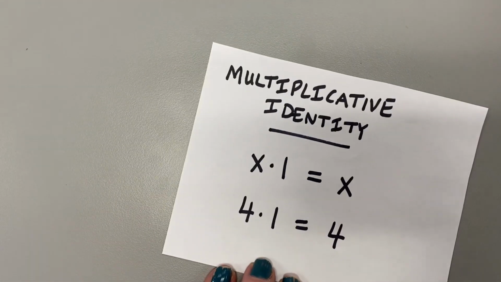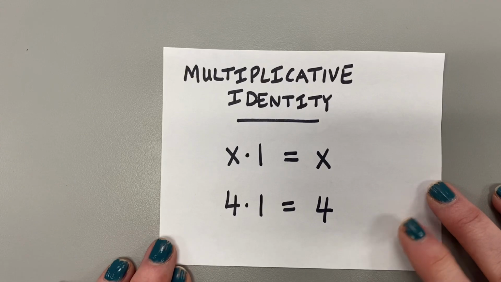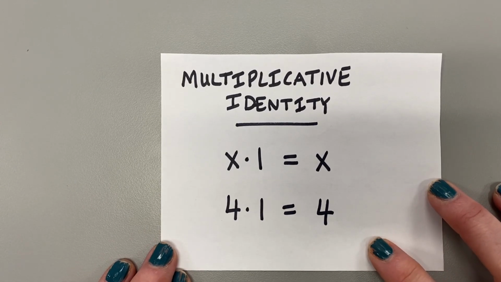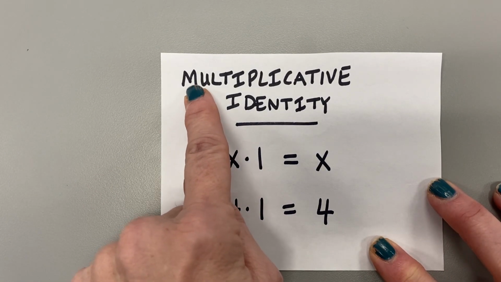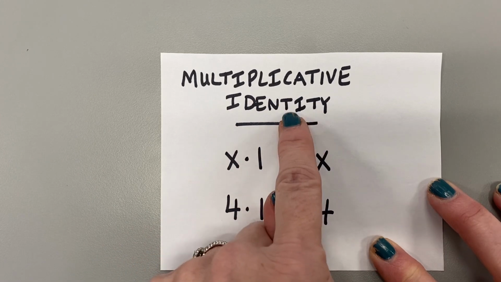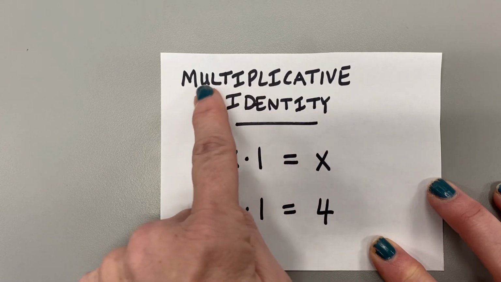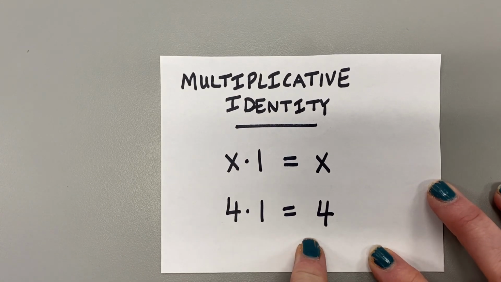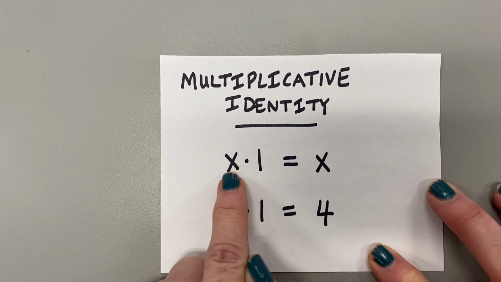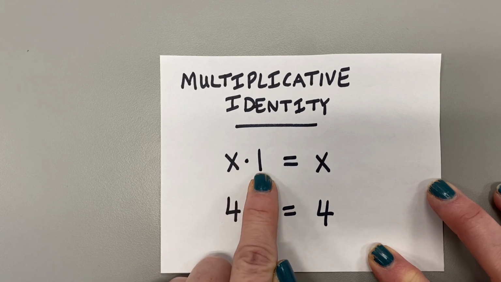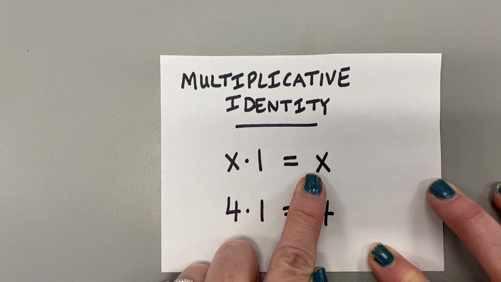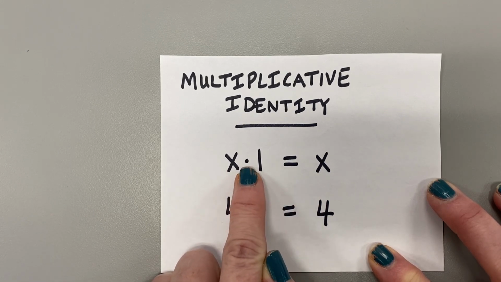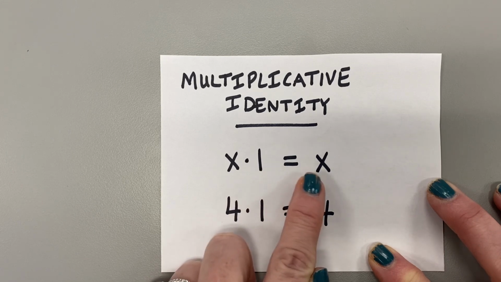The next one is like the additive identity, but it deals with multiplication, and it's called the multiplicative identity. That's a fun word, multiplicative identity. So this property says x times 1 equals x. Any number times 1 stays itself.